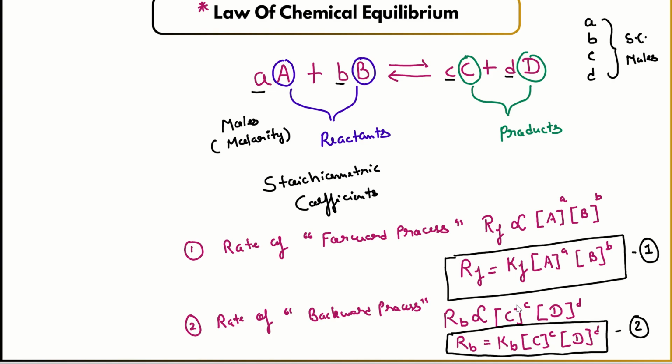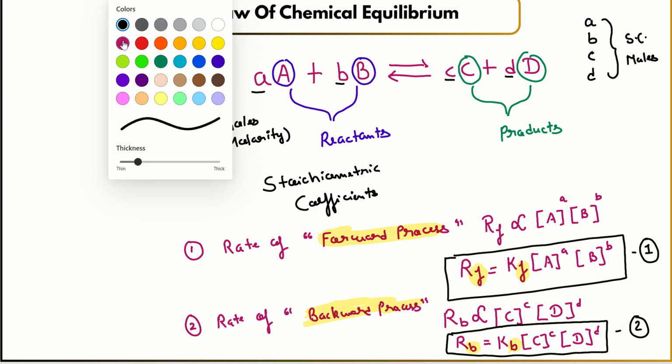Okay, I hope you are not getting confused. Guys, here the f in kf or Rf indicates the forward process. And here we are using b. This b indicates the backward process. Okay.